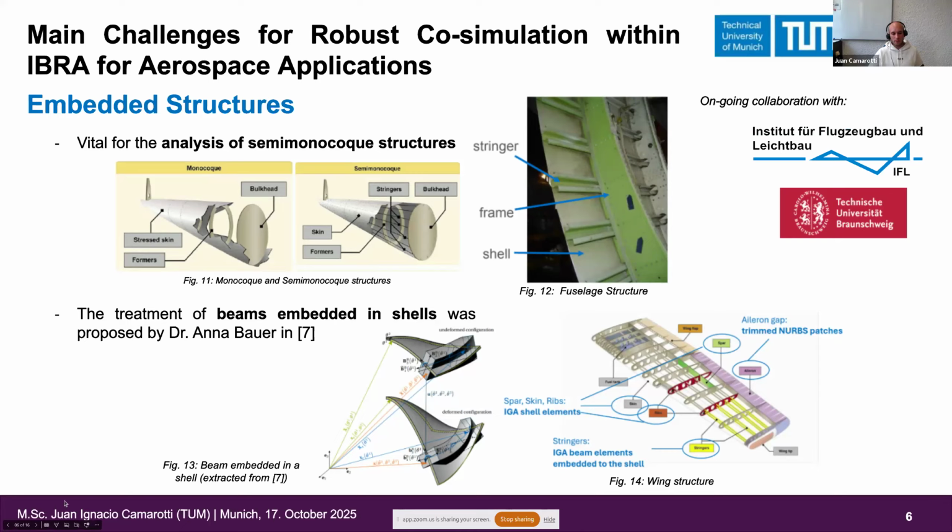So at the chair, we are basically working with the concept of embedded beams in shells, in which 1D entities are embedded in 2D surfaces. So this is usually the way that we work to model beams which are coupled with shells.